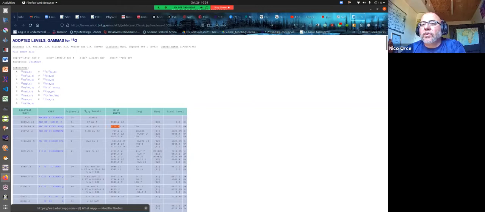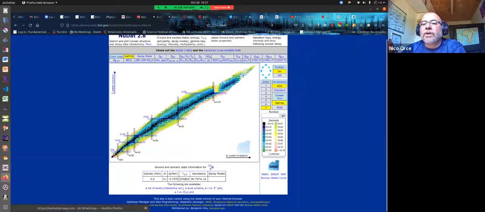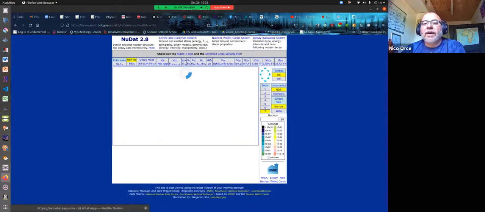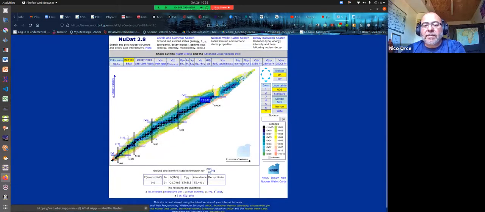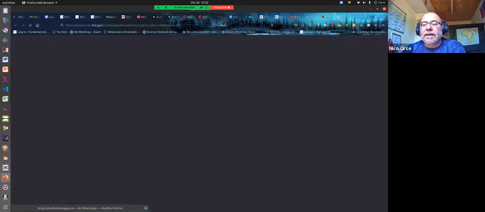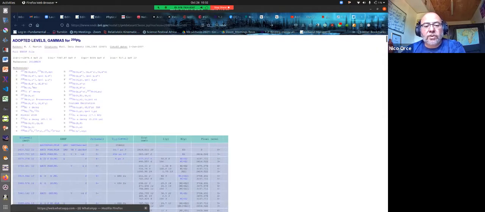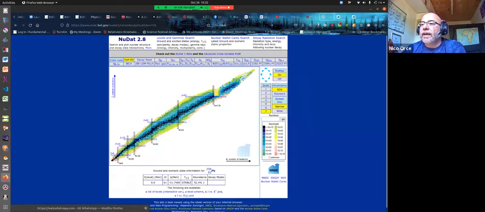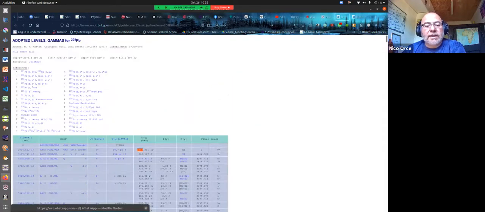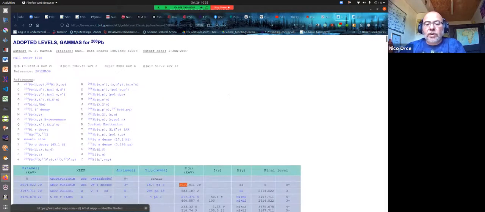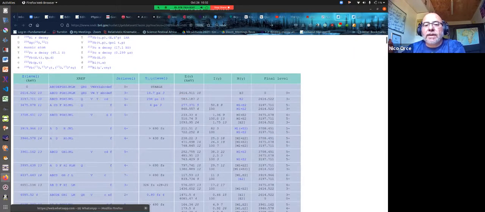But if we go to lead-208, here we go, even if both are magic numbers, the first excitation in lead-208 is going to be much smaller, at 2.6 MeV, or 2600 keV.